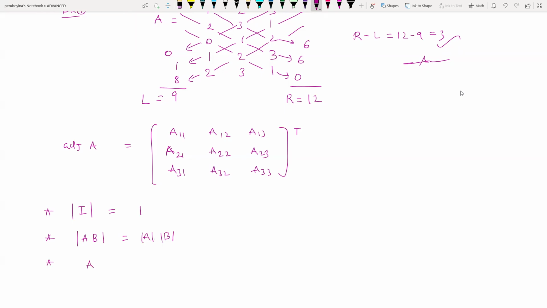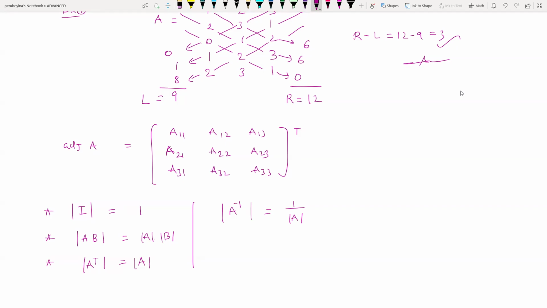And determinant of A transpose is the same as det A. That means if you change rows into columns and columns into rows, the determinant will not change. And next, determinant of A inverse is equal to 1 by det A.